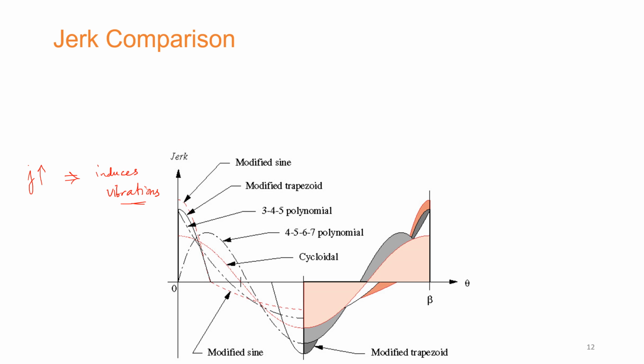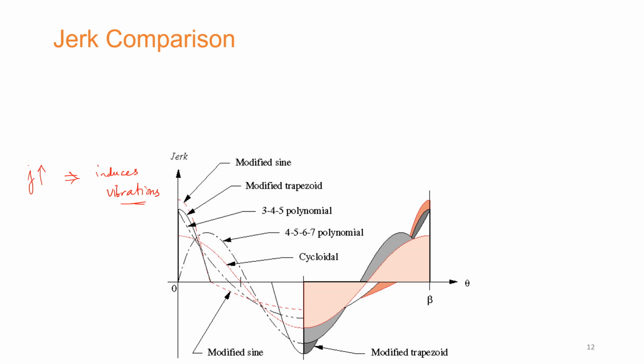So with this realization that a higher value of jerk needs to be avoided and discontinuity needs to be avoided, you can see the different curves plotted one over each other. And in that you can obviously see that the best suited one turns out to be the 4, 5, 6, 7 polynomial that we have recently solved.